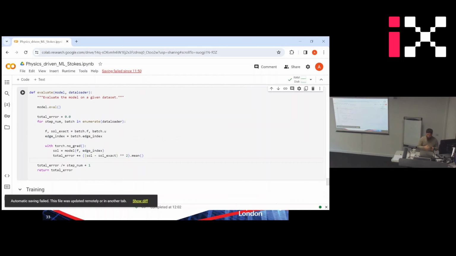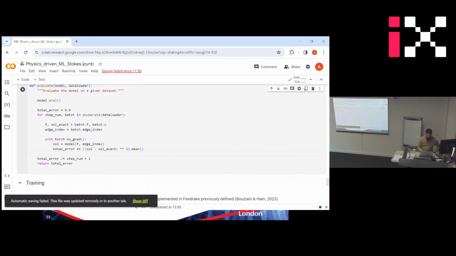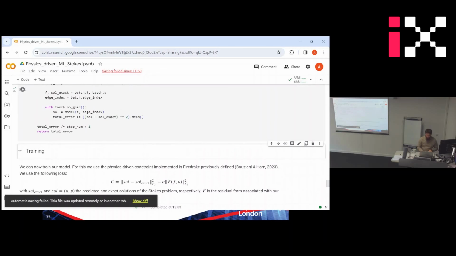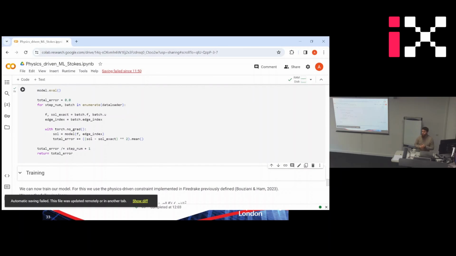And that will call the encoder, processor, and decoder. And then I compute my error. I compute the L2 norm of the output against the exact solution. The exact solution is what you get from the batch, from the dataset. The dataset contains a tuple of f and u exact. I predict from f a prediction of the solution, and I compare that with the exact solution I have for my dataset. Very simple.